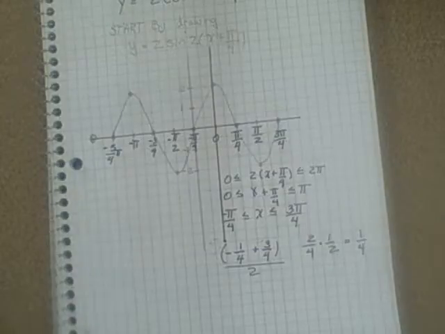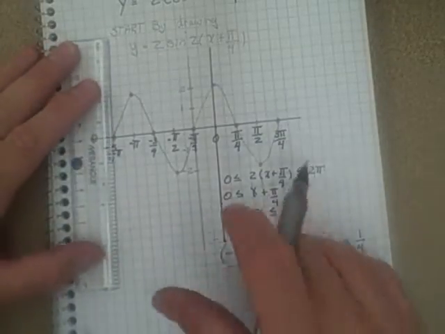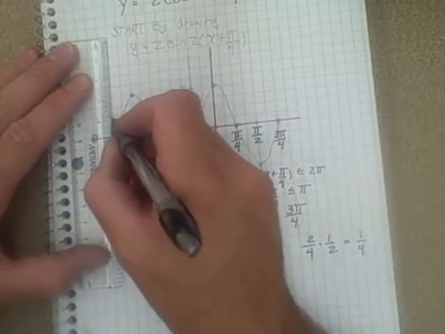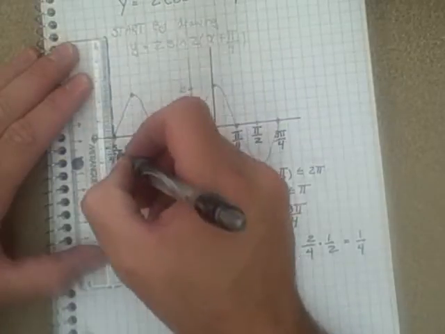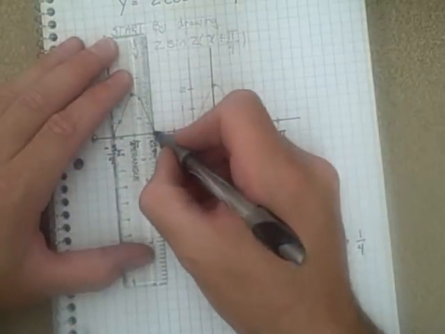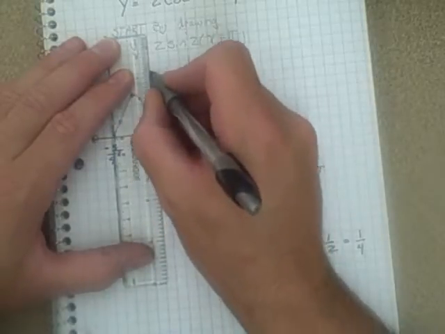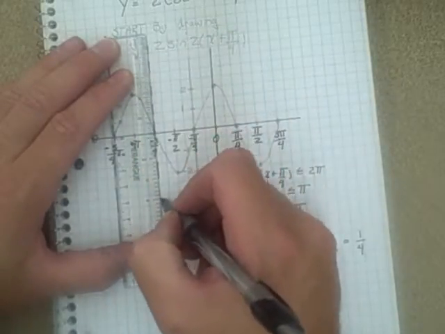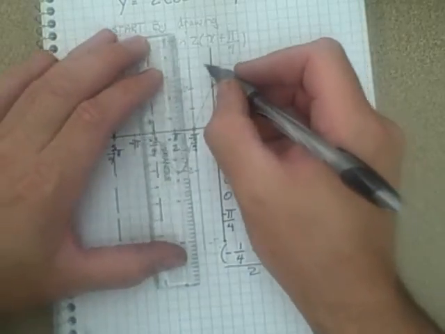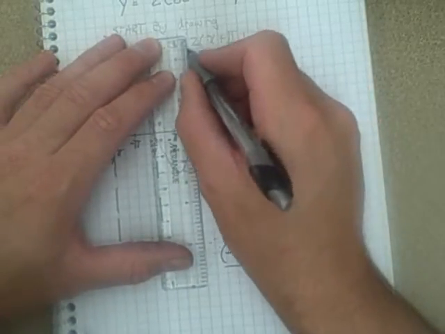Now what we do is wherever we see a 0, we put an asymptote in black for the sine graph. So there's an asymptote here. An asymptote here at negative 3/4 pi. An asymptote right in here at the negative 1/4 pi.